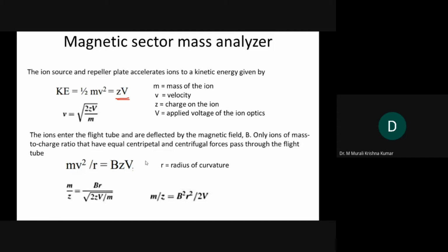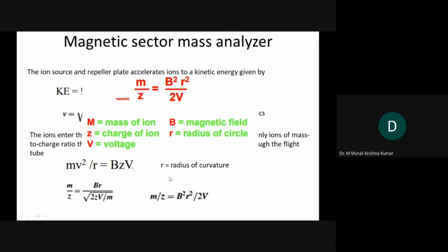So by simply tuning the flow of current, we can alter the magnetic field. R cannot be changed, because we fix some R value. So we have to play with V or B. In 99.99% of the cases, B value is tuned. In that way, the molecular ion or m by z value can be determined.